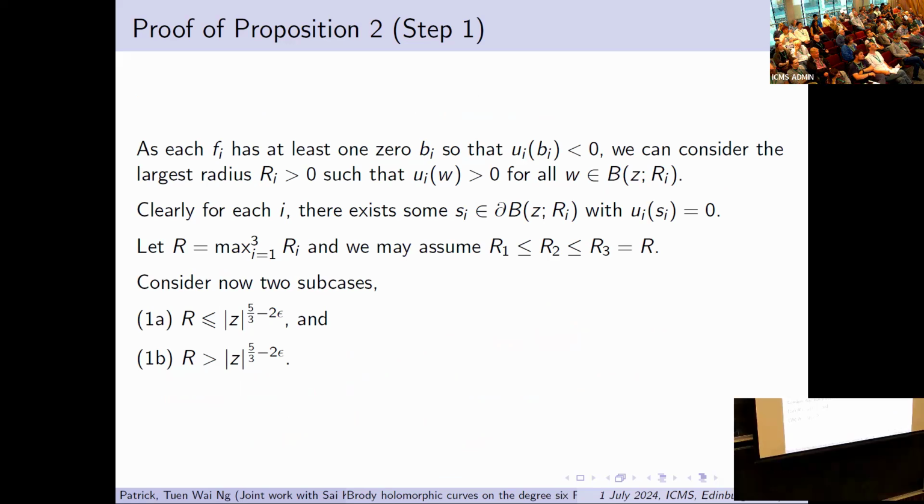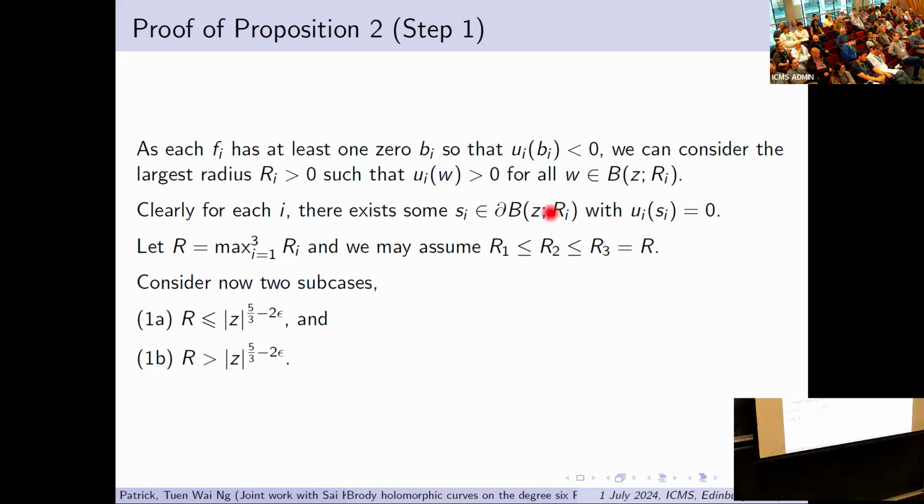Now on the other hand, each F_i will have at least one zero, because if one of them doesn't have zeros, then it has already been taken care of by a previous result. So now if we let a zero of F_i be b_i, then u_i evaluated at b_i would be less than 0. So again, you can find a ball with center b_i, so that within this ball you have u_i greater than 0, and at the boundary of this ball you have u_i exactly equal to 0.